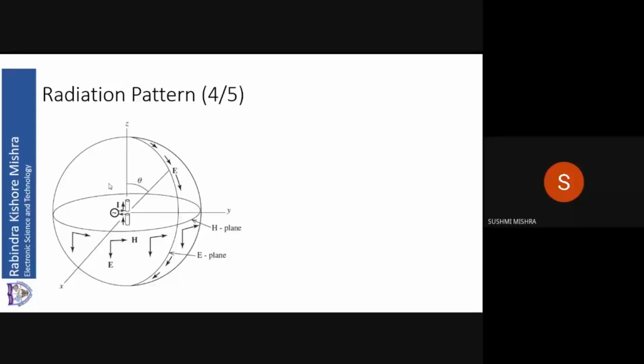Look at this sphere. This is the same sphere that I showed you. In this, the E direction is from Z or the vertical towards the H plane, the XY plane. From the Z axis towards the XY plane is E. On the XY plane is H. So you can see the vectorial representation of E and H, just below the antenna at the center or at the origin.